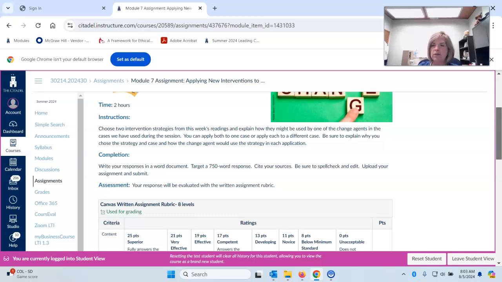So you can pick 2 cases or you can do 1 case study and apply 2 strategies. Again, I'm looking to assess your understanding and ability to apply the concepts and ideas about change that we're talking about.